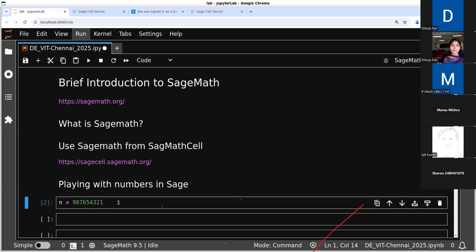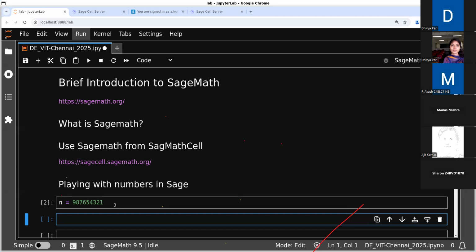Okay. So I have executed this number, and since you have learned Python, in Python, when we put it like this, actually it thinks of it as an object, right? Python is an object-oriented programming language. So here n is an object, and you want to apply any methods which are available on that object. What do you use?